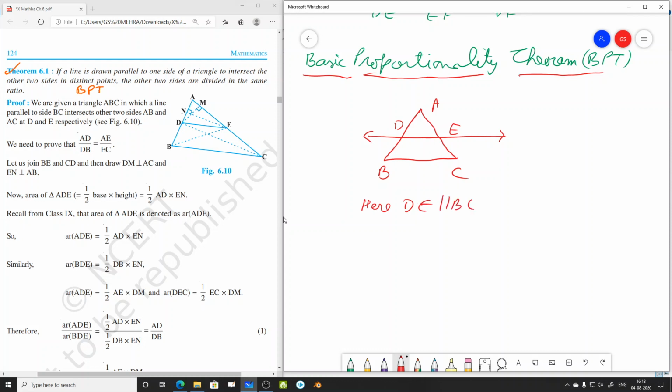In that case, the ratio of these two portions, AD and BD, will be equal to AE over EC. So, then what we are going to get is AD over BD equal to AE over EC. This is known as the basic proportionality theorem or Thales theorem.